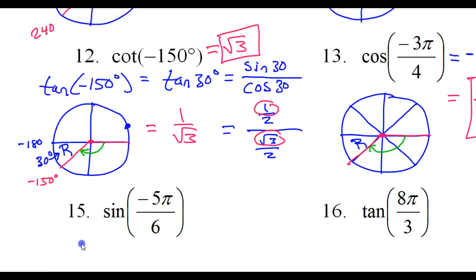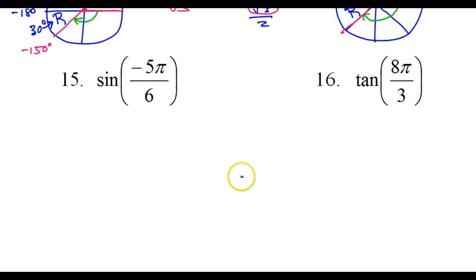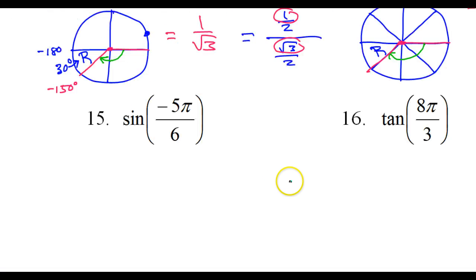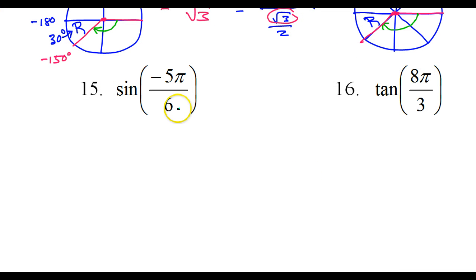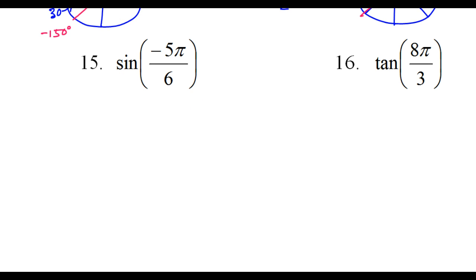That was fun. Okay, 2 more. All right, and that'll be the end of this video. Okay, 2 more. Sine. It's not even a reciprocal function, so it's going to be pretty easy. I know that the reference angle is going to be pi over 6.